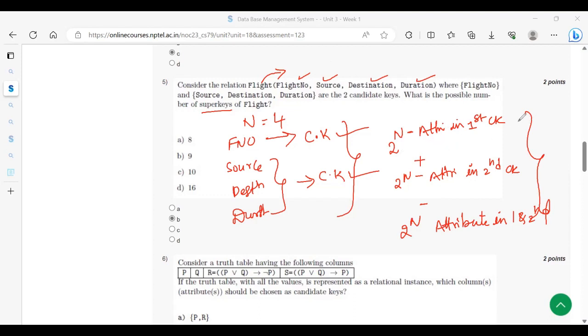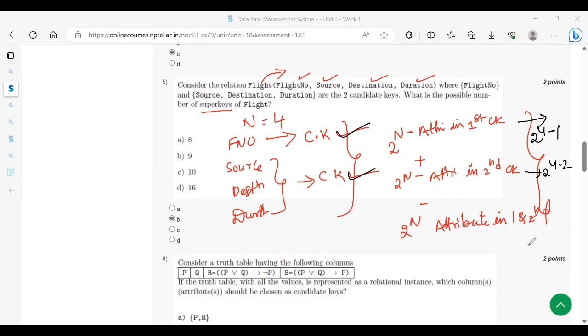Now, what is the value here? 2 power n, where n is 4, minus 1, because of one candidate key. And 2 power 4 minus 2, because of two candidate keys.